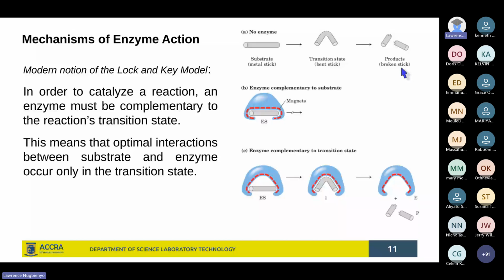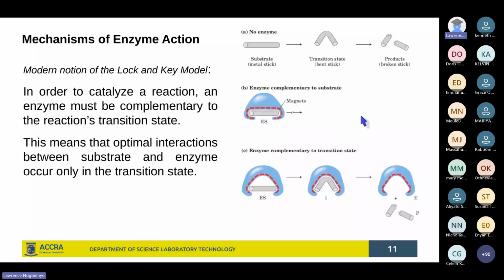Now, with this analogy, if you think of an enzyme being complementary to a substrate, like absolutely complementary, fitting, just like how we saw the lock and key fitting together, this is what you see. If you take the enzyme as a magnet, which fits perfectly to the substrate to form an enzyme substrate complex, this fits so perfectly that there will not be any need for a product to be formed.